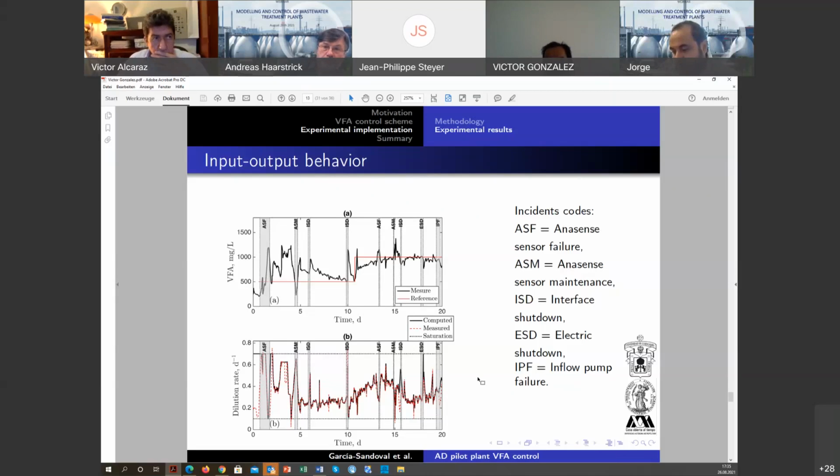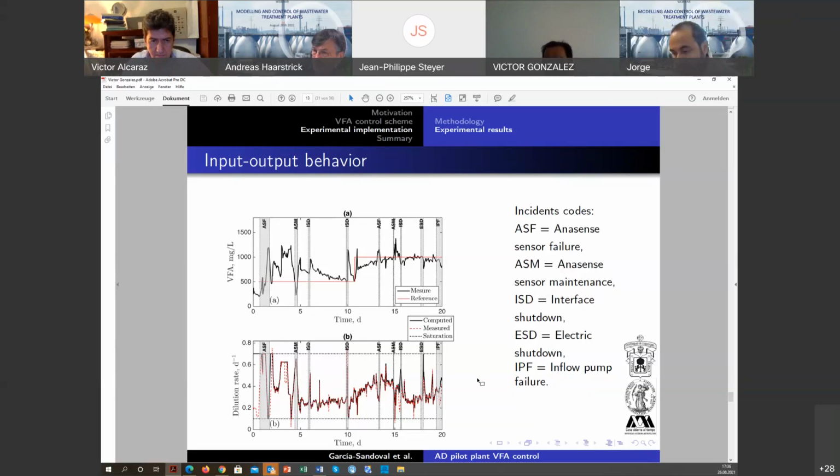We run the experiment. At the very beginning, we had some problems that led us to retune manually the control parameters. Okay. After we had a reasonably good response, we tested our scheme by changing the set point.